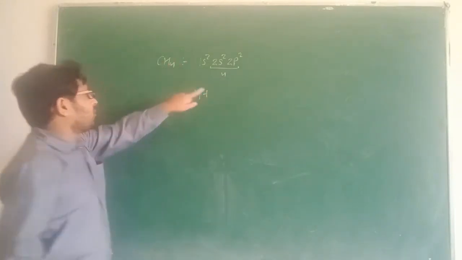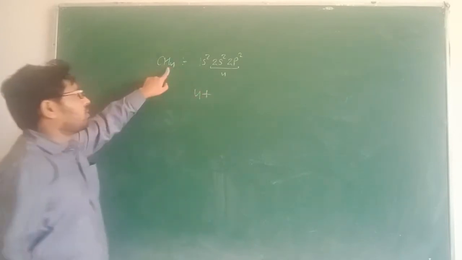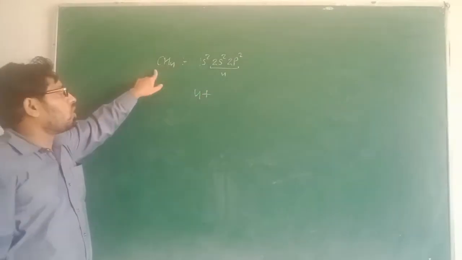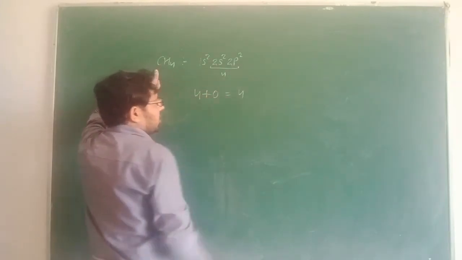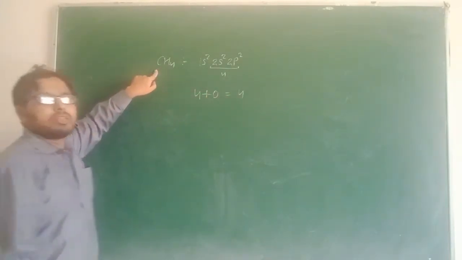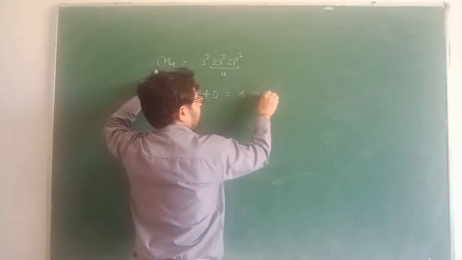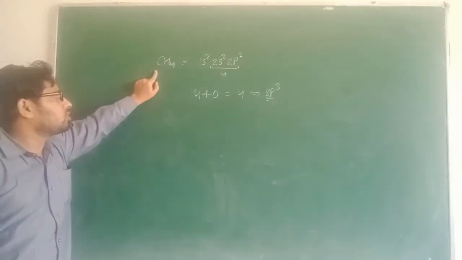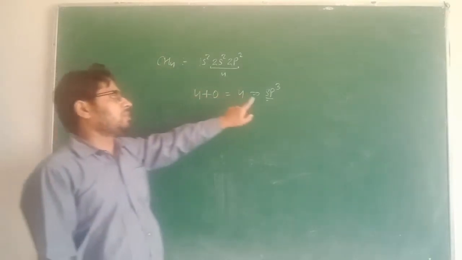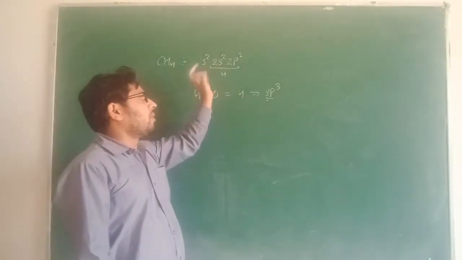There is no lone pair present, so lone pair is 0. 4 plus 0 is 4. If the sum is 4, then the hybridization is sp3. So the hybridization of CH4 is sp3. That I found with the help of the formula.